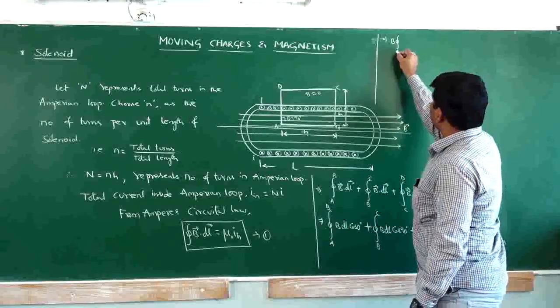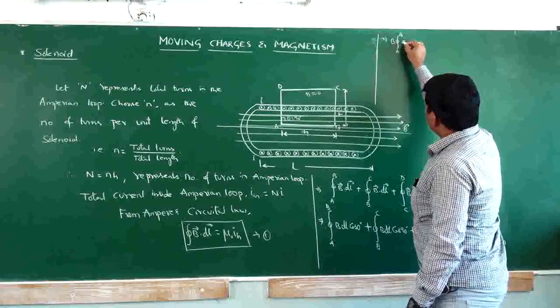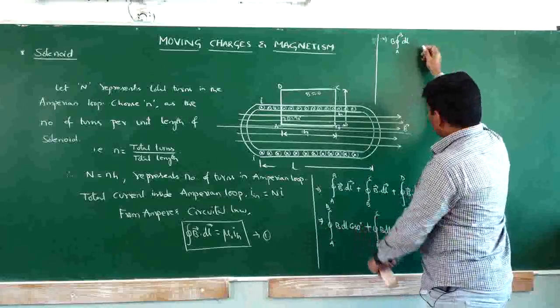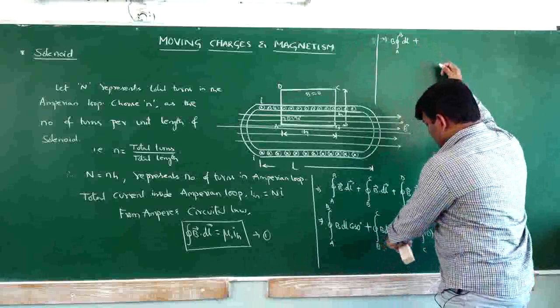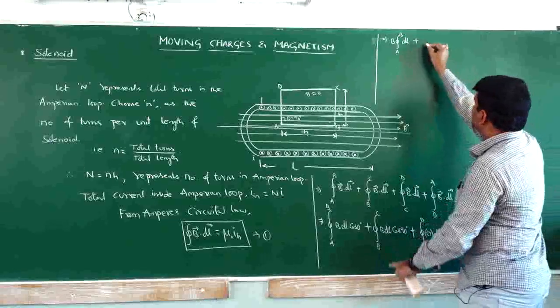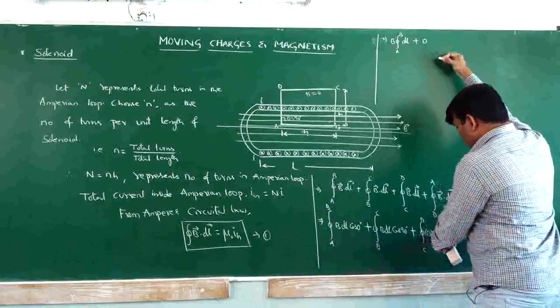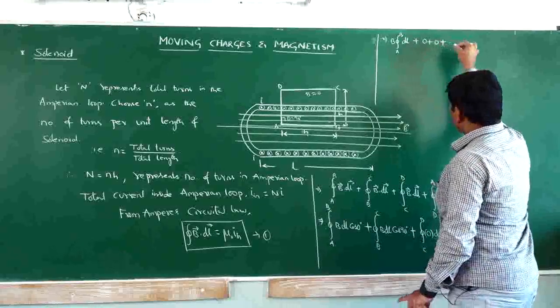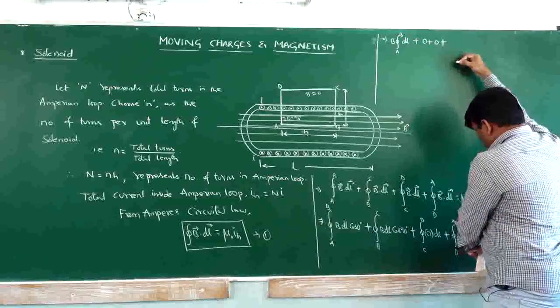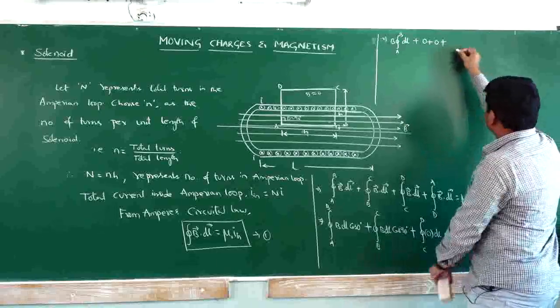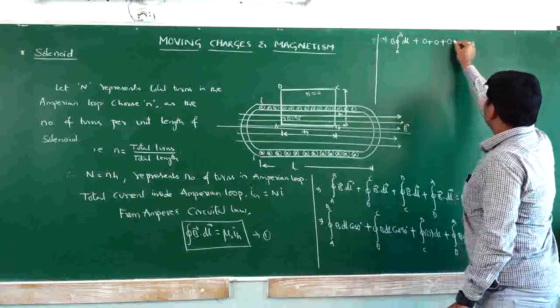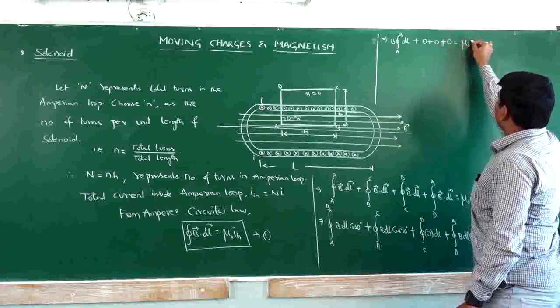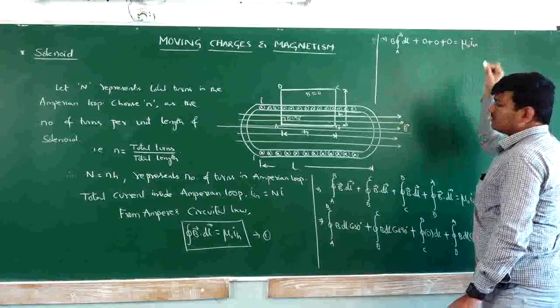This is A to B of dL, plus this value cos 90 will be 0, therefore this entire term will be 0, and here B is 0, 0 into something will be 0, plus 0, plus this cos 90 will be 0, therefore this term will be 0. That is equal to mu naught into I inside the Amperian loop.